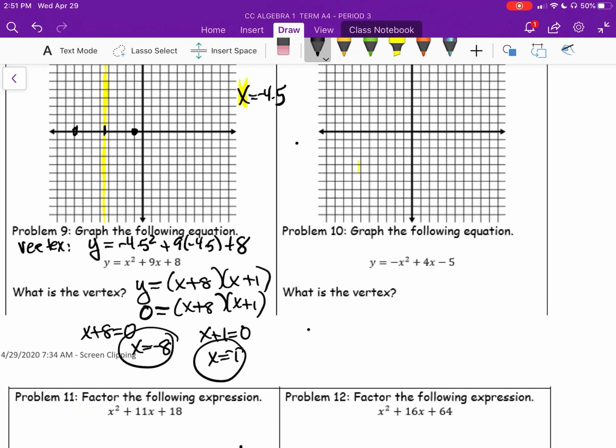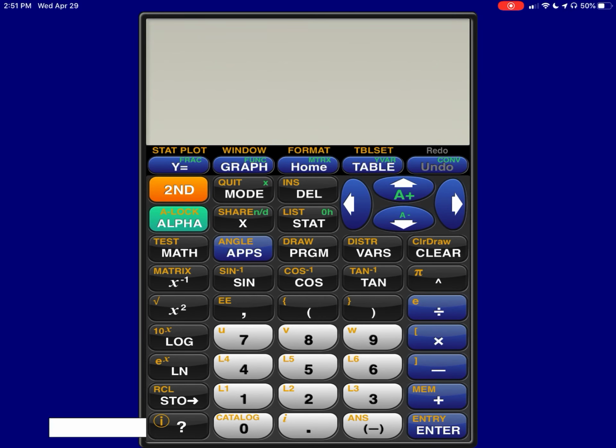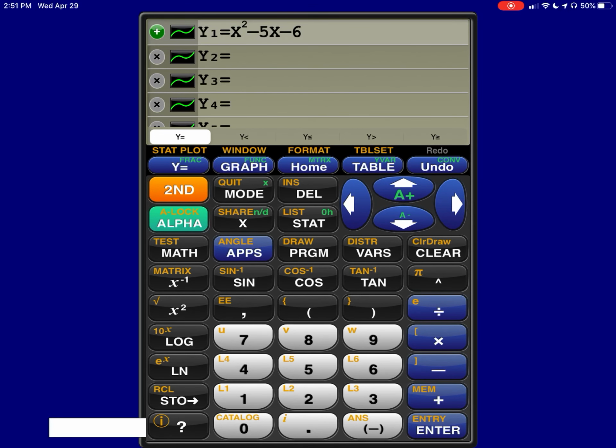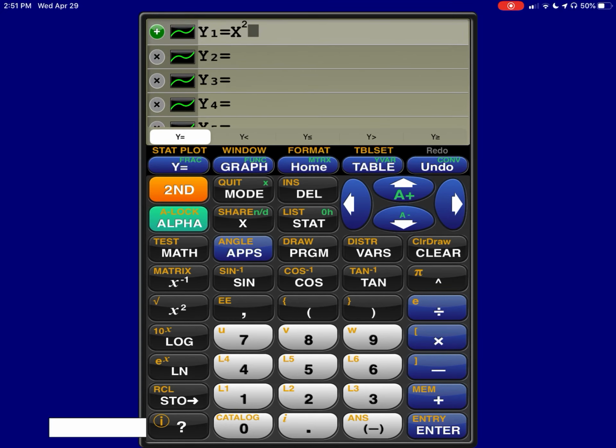But what would happen is if you plug that number in here, we're going to get an equation that turns somewhere on that line. So I'm just going to put x squared plus 9x plus 8 into my calculator and see what happens. Thanks for hanging out with me here, and we'll figure it out. And we're now going to graph this.